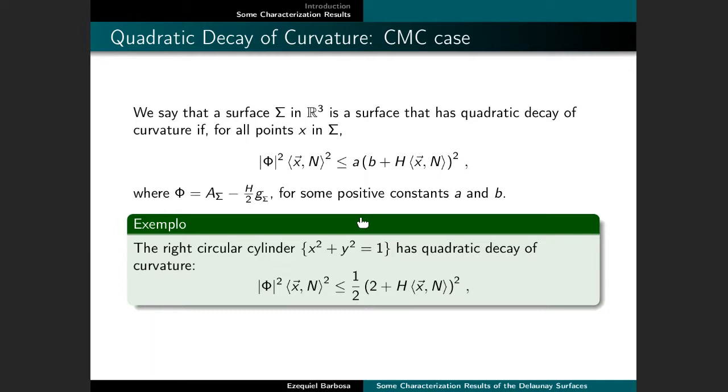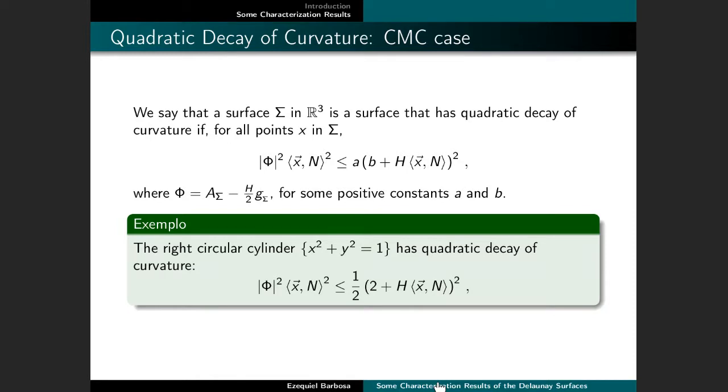Quadratic decay of curvature will give this inequality. And if you are with a minimal surface, you will see that this quadratic decay condition is the same as above. The circular cylinder is an example of a CMC surface satisfying this quadratic decay of curvature. Of course, the sphere satisfies this as well, because spheres are umbilic, so this will be 0, and this is a non-negative number, and then this is true for the spheres.